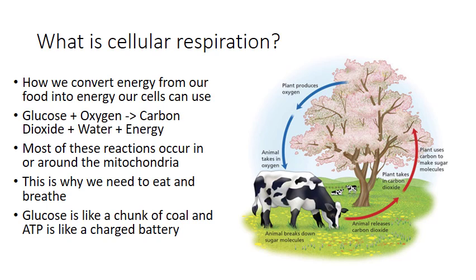So we take a big chunk of coal and we kind of process it, and then we can have batteries that are more portable, and you don't need a little furnace on your cell phone, so you can just put in batteries. It's similar to what cellular respiration is doing. We're taking a big, bulky energy storage molecule like glucose, and we're making it into smaller, more bite-sized, portable energy molecules like ATP, which are going to be easier to use in different reactions.